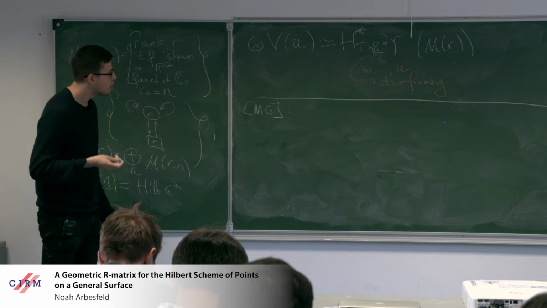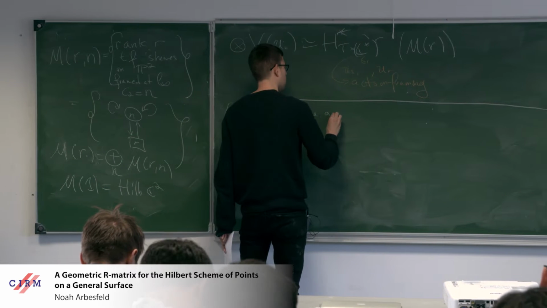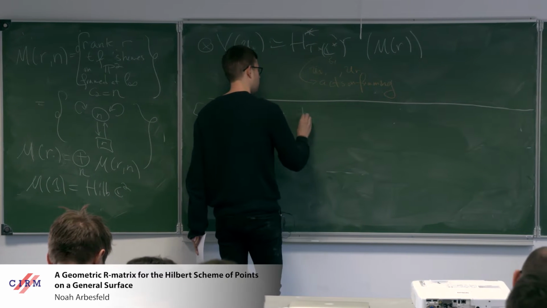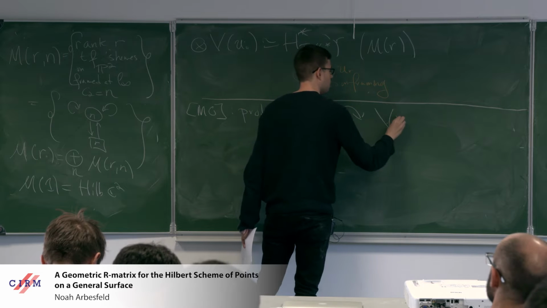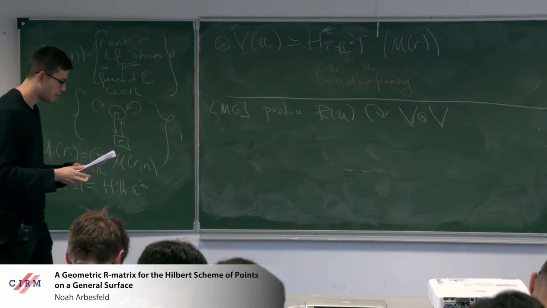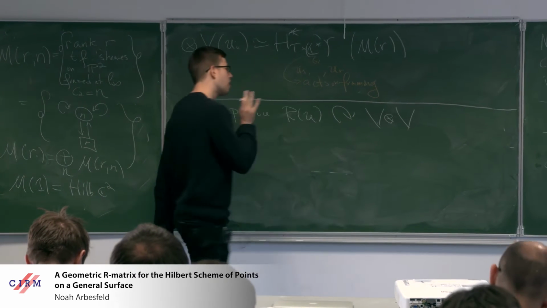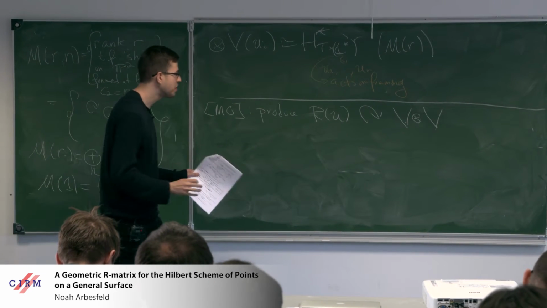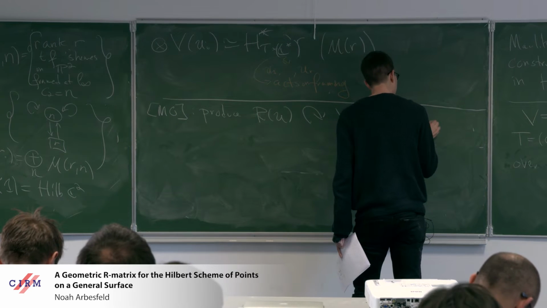Okay. And so Maulik and Okounkov produce an R matrix acting in this tensor product of V with itself. And I'm not going to review the whole construction here, but I'll say some words.